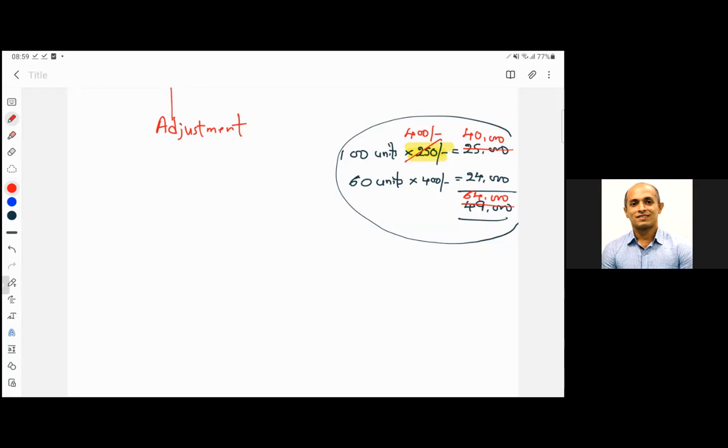Then with your experience, or by getting some industry information, you find out by what percentage the price level increased or decreased from last year to the current year.